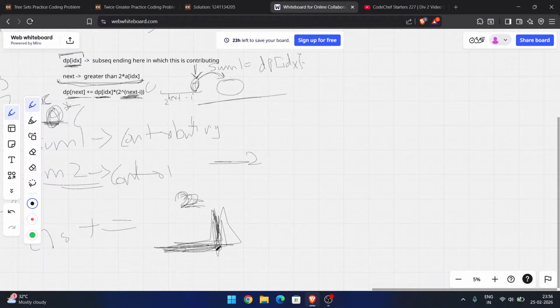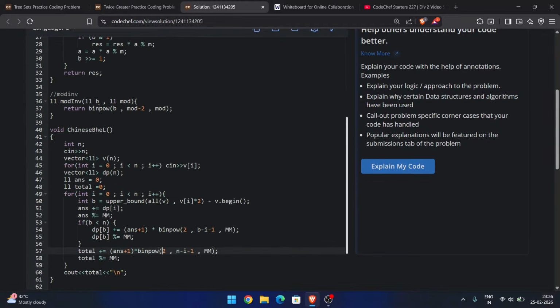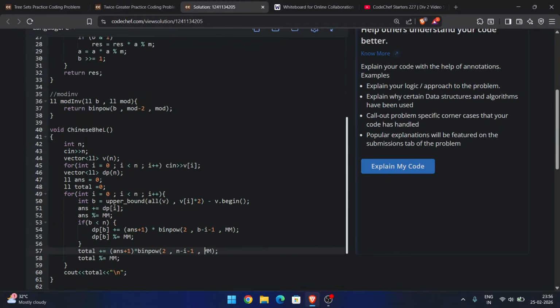That is my answer. So I am multiplying it by all the numbers remaining. So answer till now, how many more times will it add? It will contribute 2 to the power n minus 1. So this is simply bin power, meaning binomial expansion. So I am multiplying this.